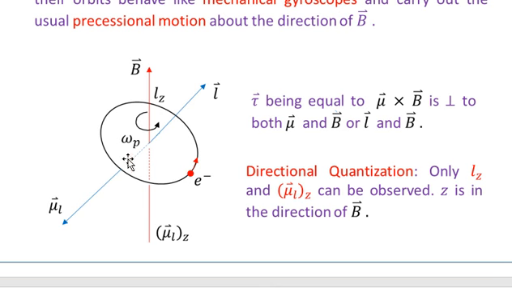There are two quantities perpendicular to this current loop: the orbital angular momentum of the electron and the orbital magnetic moment of the electron. They are mutually directed at 180 degrees to each other. And this orbital angular momentum will carry out its precessional motion about the magnetic field. Precessional motion means like this.